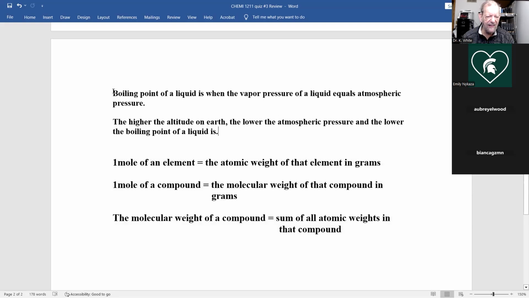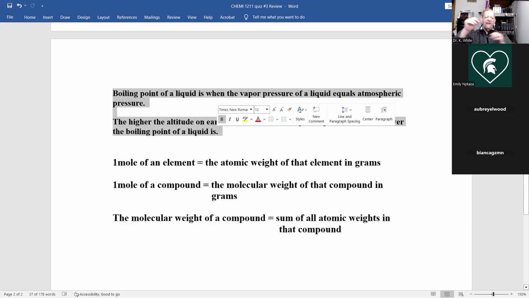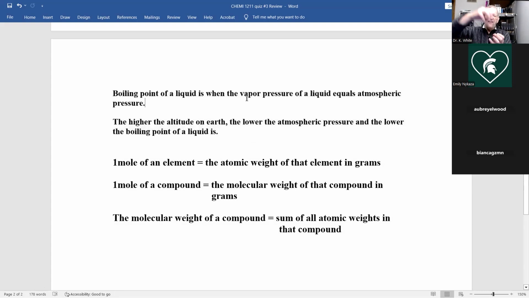Now, the last thing I'd like to talk about are boiling points. When you boil a liquid, those little bubbles are vapor of that liquid, vapor meaning gas. And when those bubbles come to the top, they release that gas, which has a pressure. And the boiling point of a liquid is when that vapor pressure is equal to atmospheric pressure.